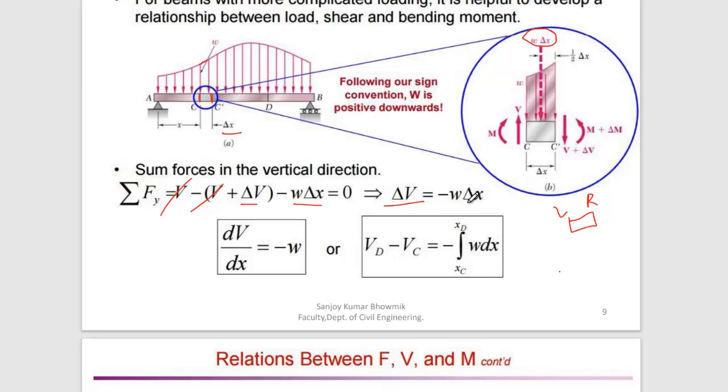If we consider del V by del x, it can be written as dV by dx, which equals minus W. So what does it mean?